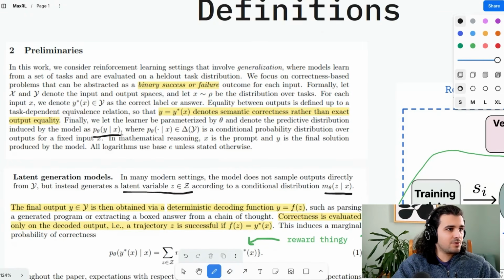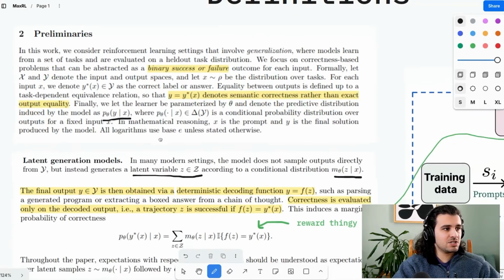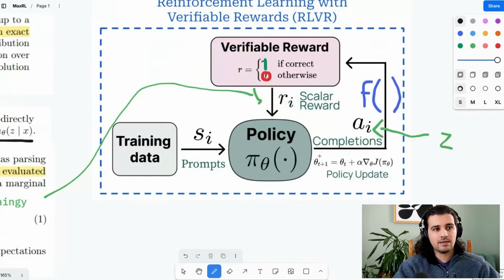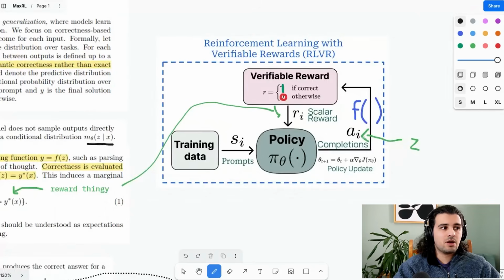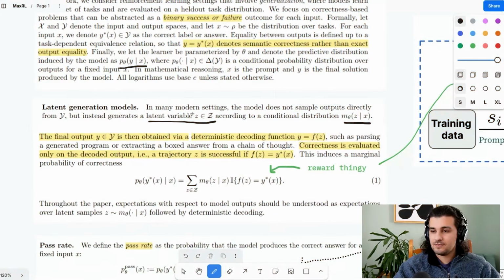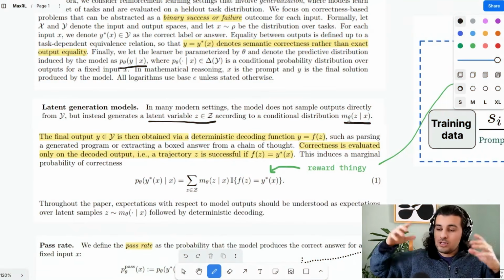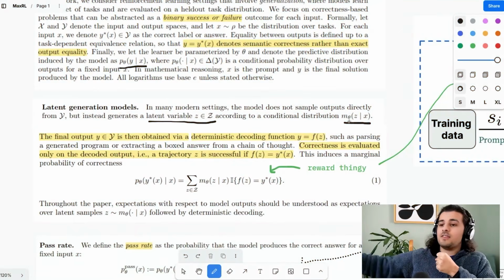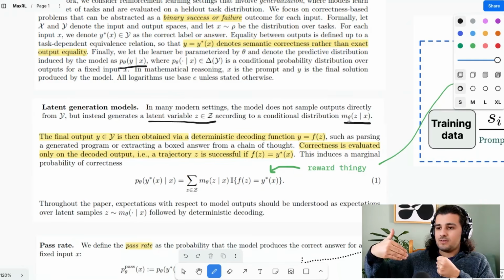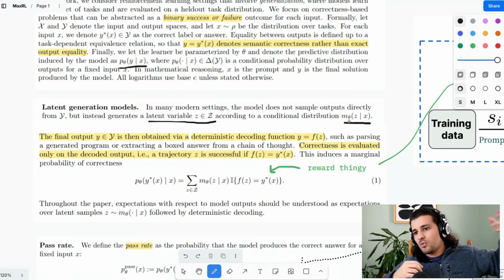And so we have that. We have the probability of y given x, given this parameter. And you usually don't have y directly, right? You're not spitting out y straight up here. You're spitting out a rollout, which can be super huge. It doesn't matter, right? We're going to call it the latent variable z. So you're sampling from a distribution, z given x. Given the prompt that you're getting, you're going to sample a rollout out of it.